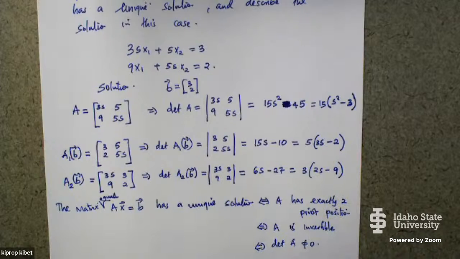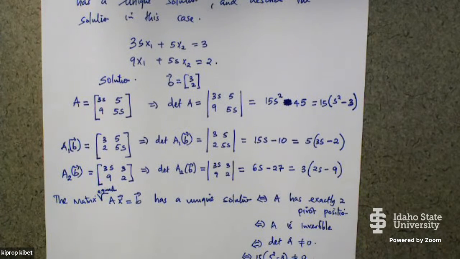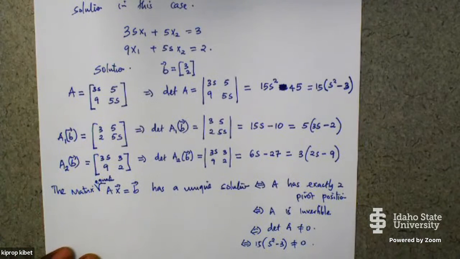Now, the determinant here, which is 15 times (s squared minus 3), should not be equal to 0 for us to have the unique solution. So it means that s should not be equal to plus or minus the square root of 3.